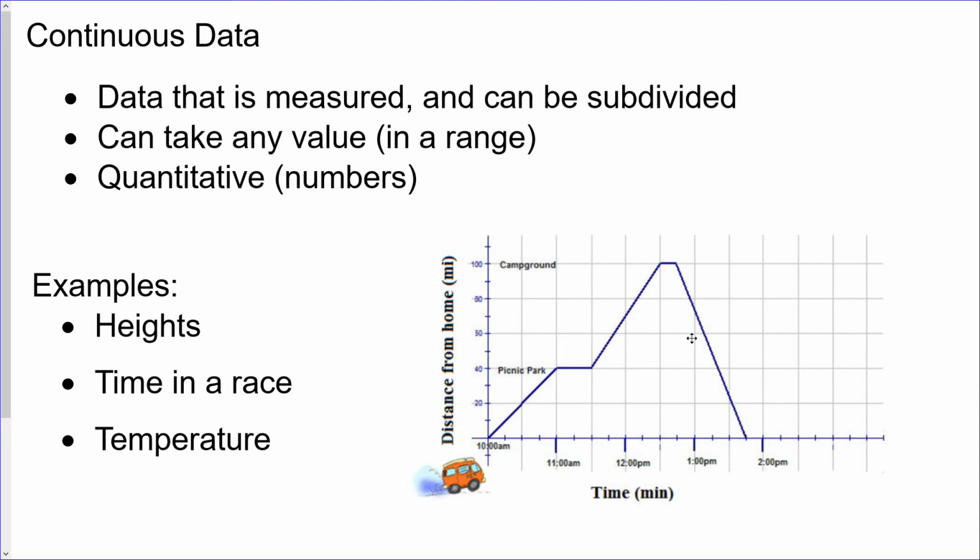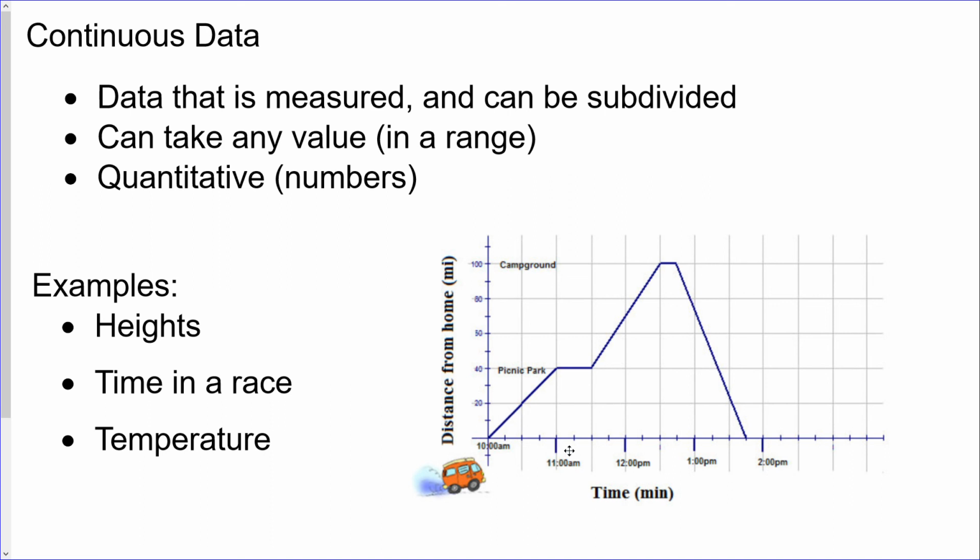And this graph is a little bit silly, but it emphasizes the point here about continuous data. Typically when you see continuous data in a graph, you do see a graph that is connected the whole way through. So line graphs are often continuous. You have time along the bottom, distance from the top, but both time and distance can be subdivided into smaller and smaller parts if you want them to.